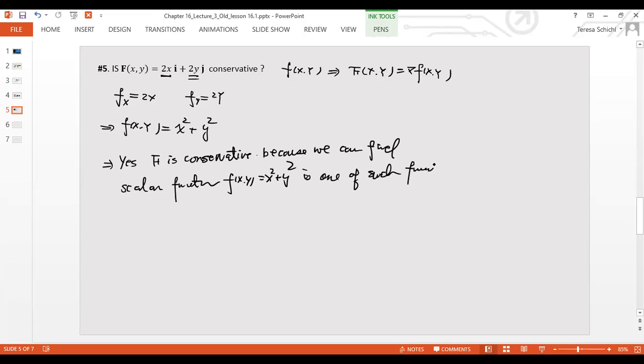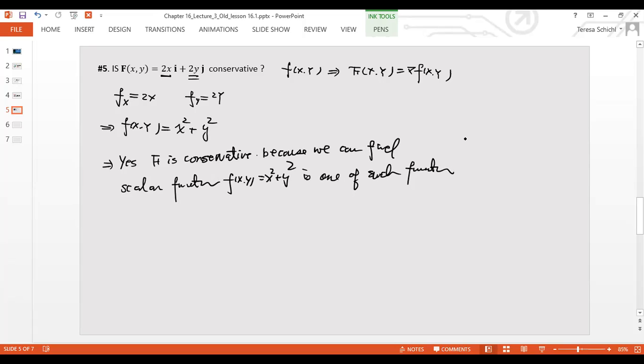You might find many of them. Because I can find one scalar function whose gradient vector field is equal to the capital F, we say capital F of x, y is conservative.